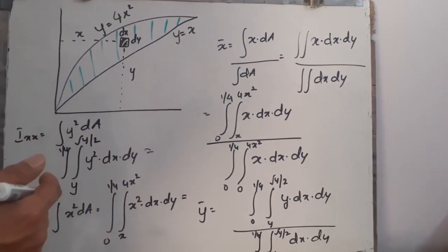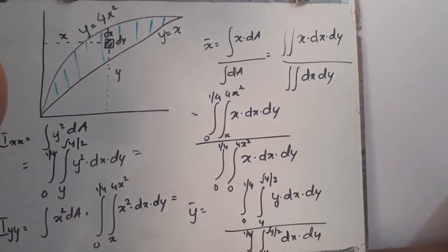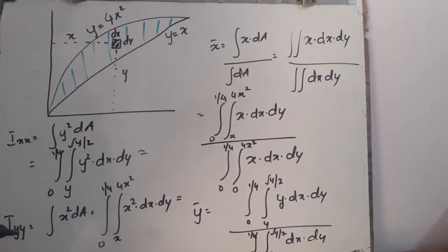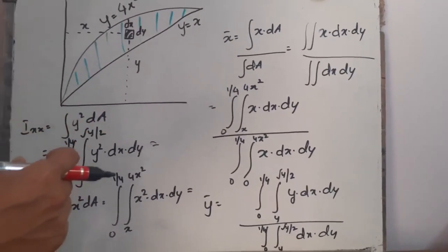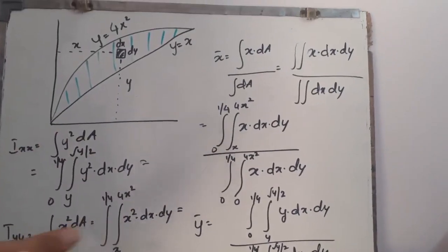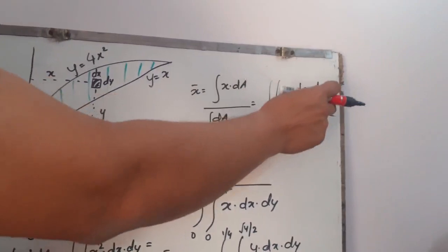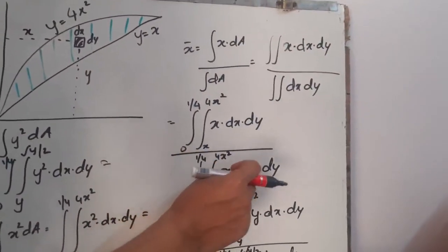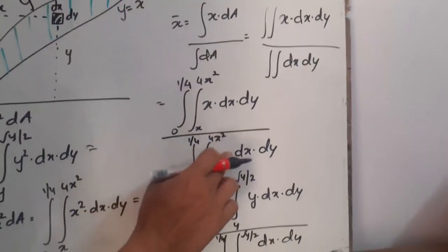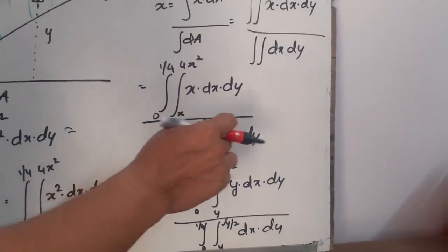In the case of double integration problems, the important parameters are the limits and the order of integration, meaning which one has to be integrated first and which one second. So after putting down the standard values here, we have x into dx into dy divided by dx into dy.